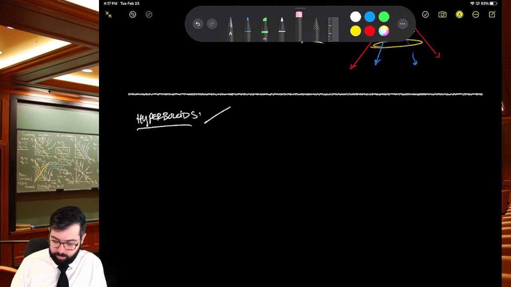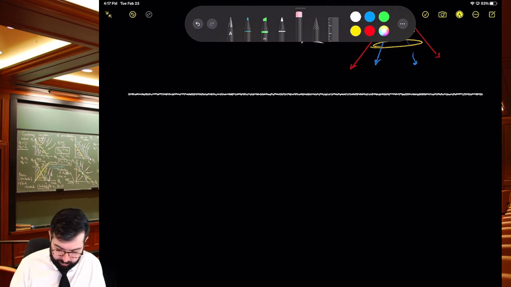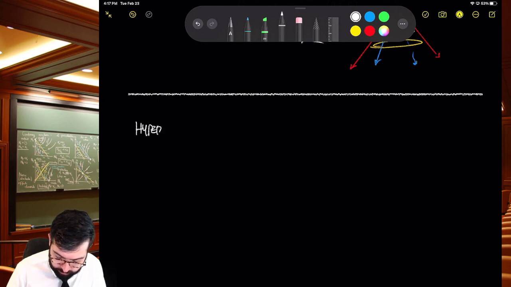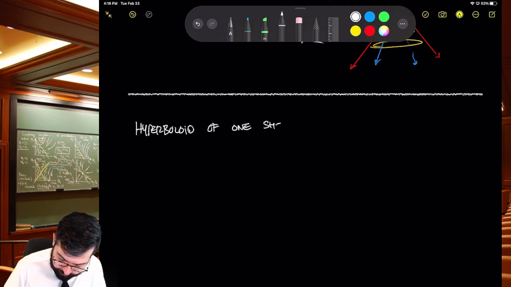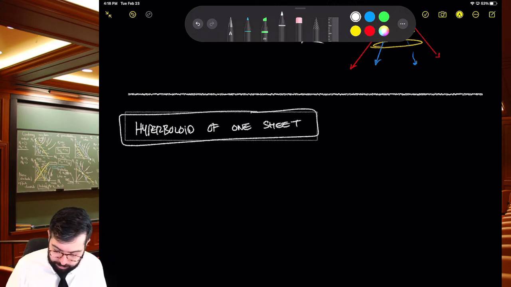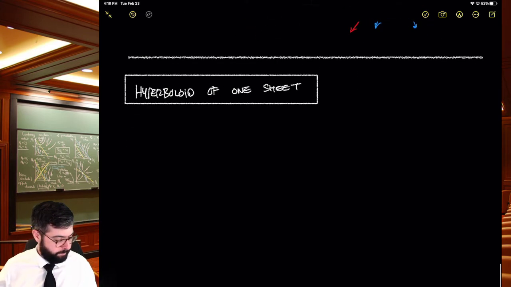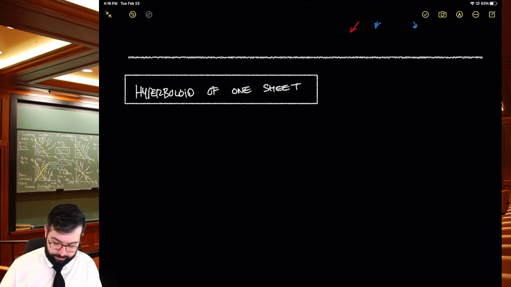So actually, I won't even break it up like this. We're just going to break it up one by one. We'll say that hyperboloid of one sheet. How many sheets? Just the one. Why just one?